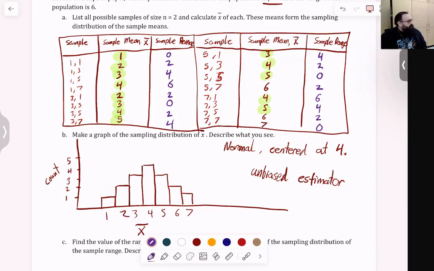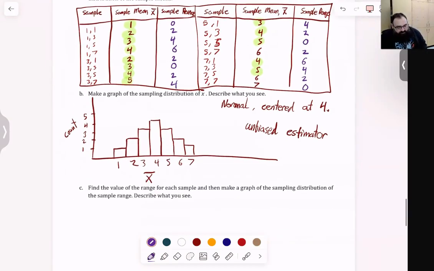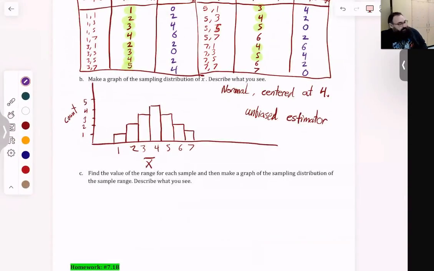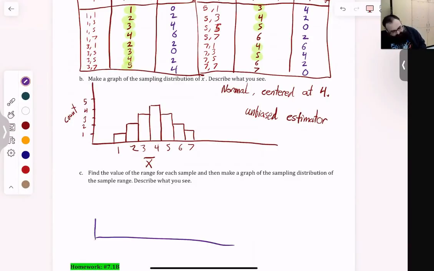Now you see why I had you finish up that table, right? So it wants us to make a graph of this. So the same thing, just like we did for the mean. And 1, 2, 3, 4, 5, 6.